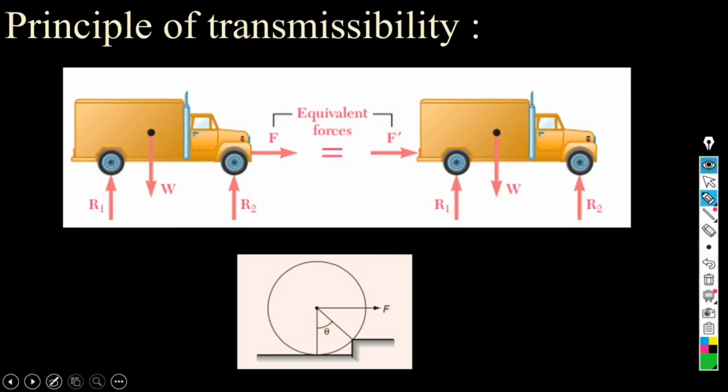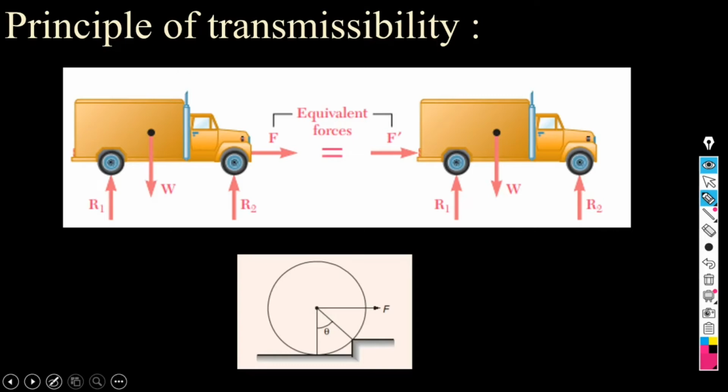Let's move on to the principle of transmissibility. According to the principle of transmissibility, the condition of equilibrium or motion of the rigid body remains unchanged if a force F acting at a given point of the rigid body is replaced by a force F dash of the same magnitude and same direction but acting at a different point, provided that the two forces have the same line of action.